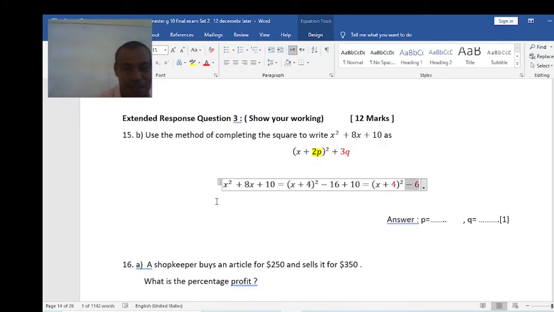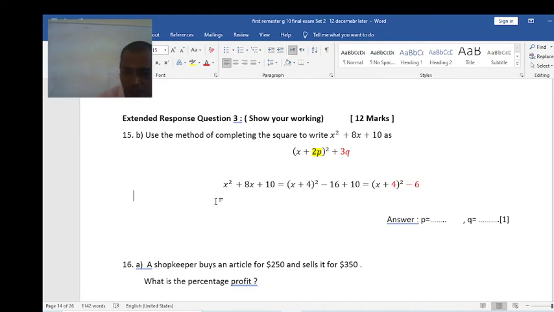So I'll just write here 2p equals 4, and 3q equals negative 6. Therefore, here 2p equals 4, I will divide by 2, so p equals 2. So p is equal to 2.